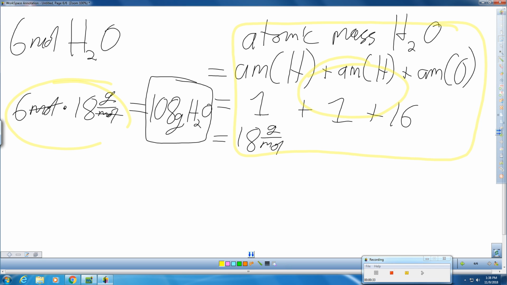This is really making our lives a lot harder, but we need to be able to go forwards and backwards through this process. I have 100 grams of, what's your favorite molecule right now? Sulfate.